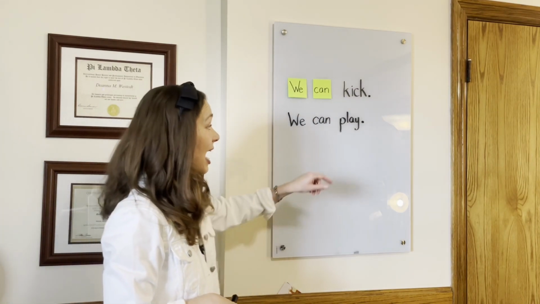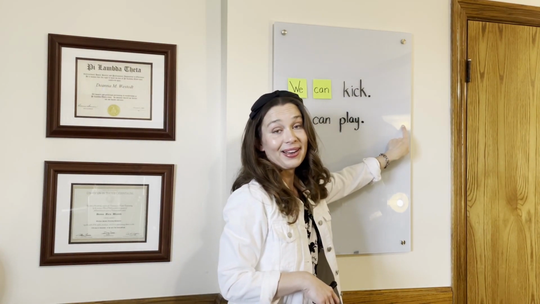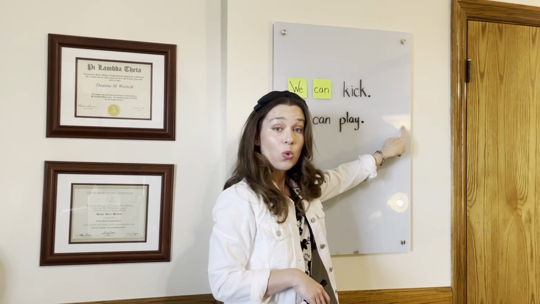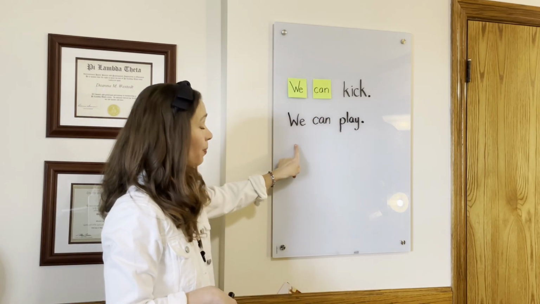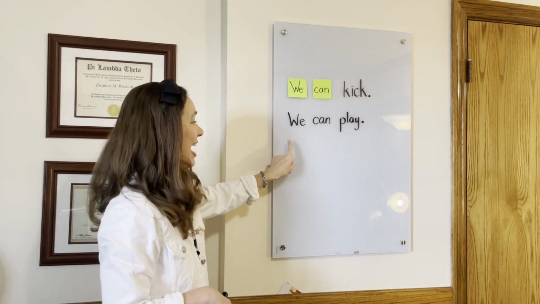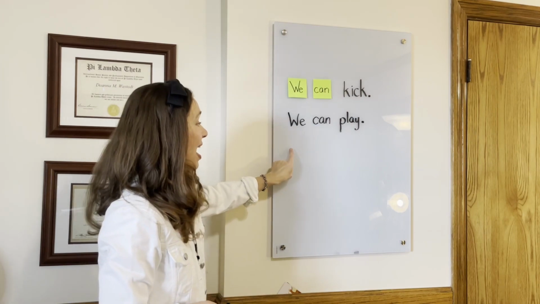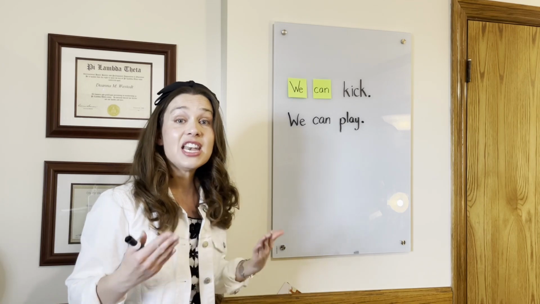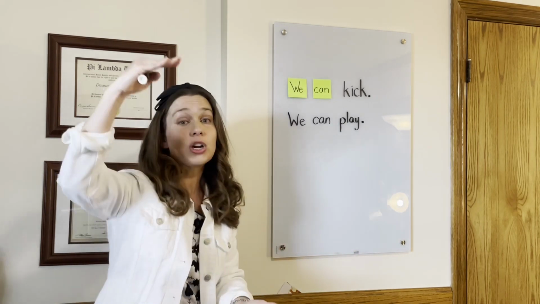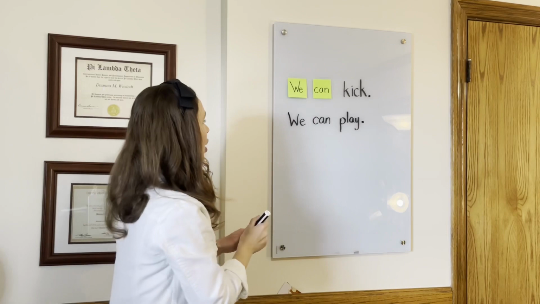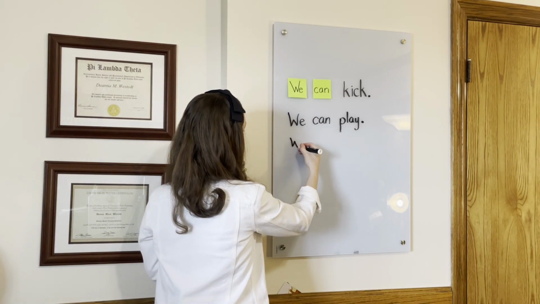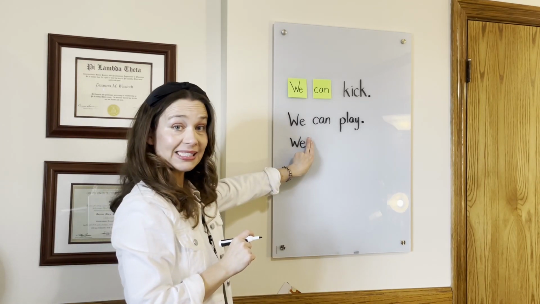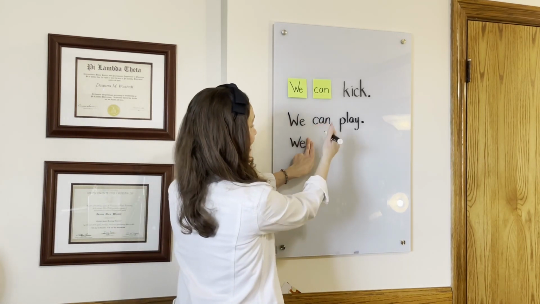Now, I don't have any more room right here to keep going. And when I run out of room to write more of my words, I go down here. All right? And I have to start here, and I write this way. Now again, we are at the beginning of another sentence, and so we have to start with an uppercase. We, W-E, we. Put my two finger spaces and write my word can.